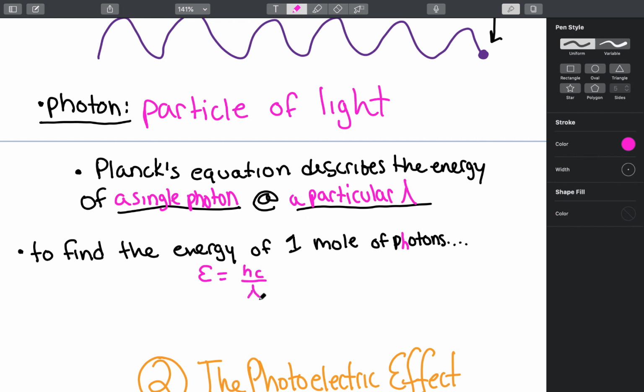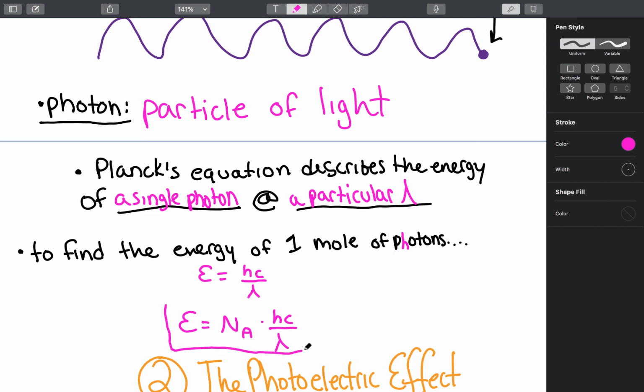And it's really easy to find the energy associated with 1 mole of photons. All you have to do is multiply this value by Avogadro's number. So this means Avogadro's number times hc over lambda.